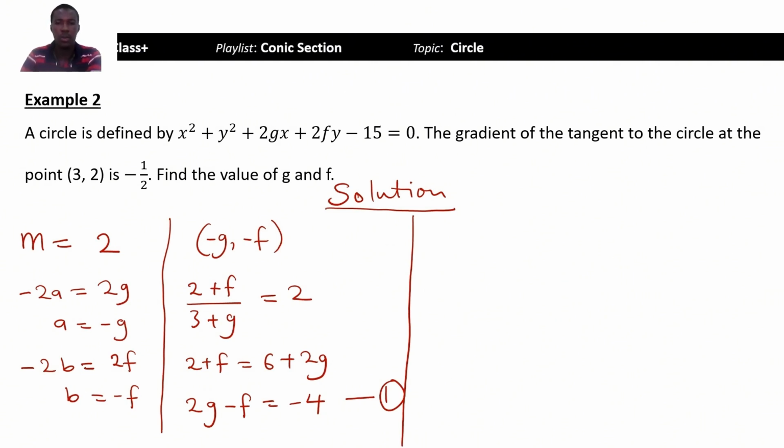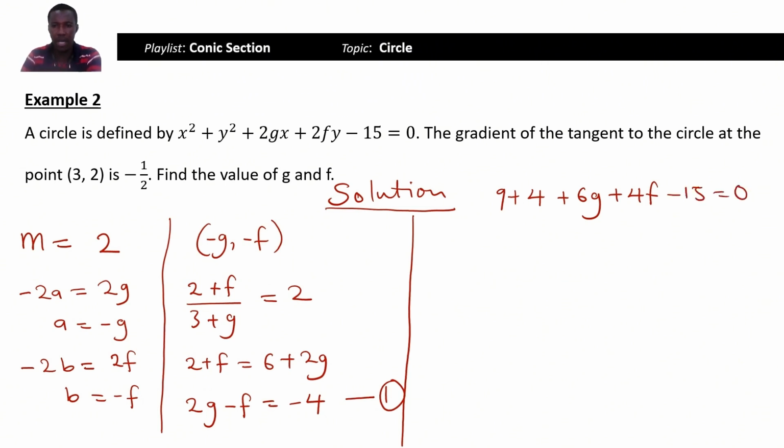Then we also know that any point that is on the circle satisfies the equation of the circle. So we are going to substitute the point of contact into the equation, and we get 3 squared to be 9 plus 2 squared to be 4 plus 2 times 3 times g, which gives us 6g, plus 2 times 2 times f, which gives us 4f, minus 15 is equal to 0.